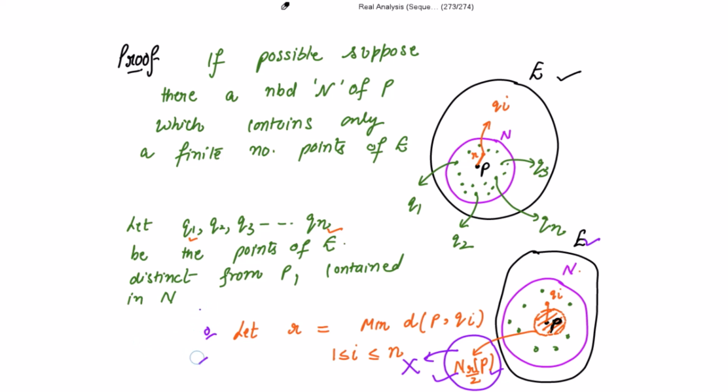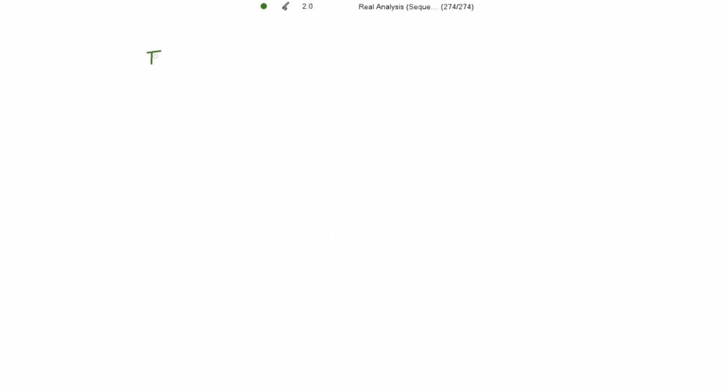So for this minimum distance R, the distance between the point P and Qi, we can construct the neighborhood of P with radius R divided by 2, and this neighborhood does not have any point other than P. So the neighborhood of P having the radius R divided by 2 contains no point of E other than P.